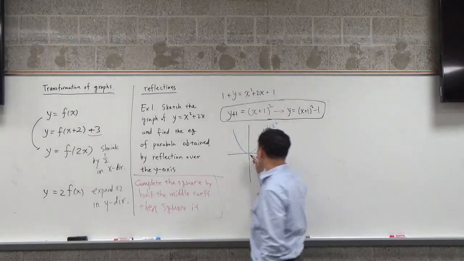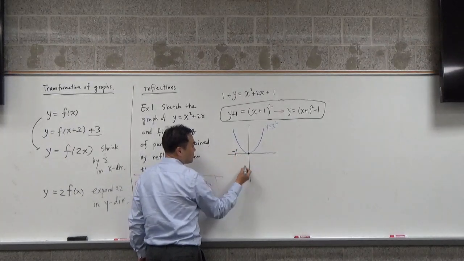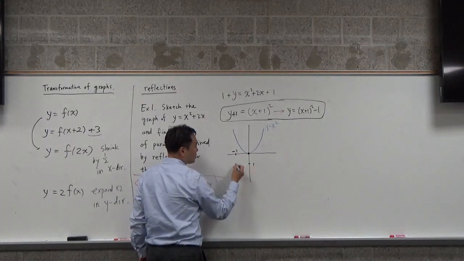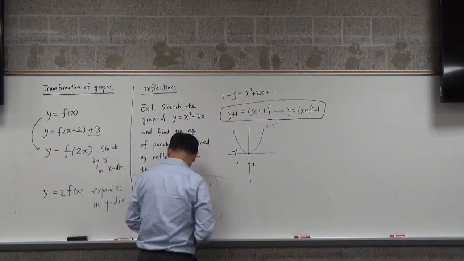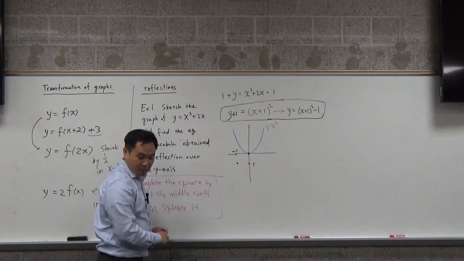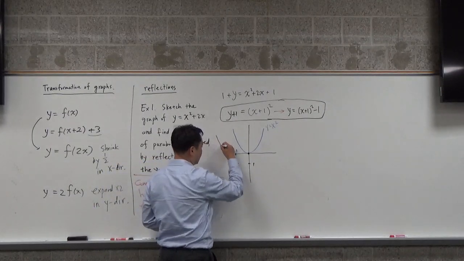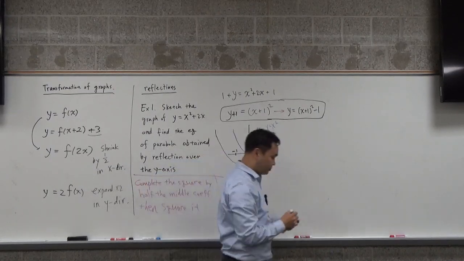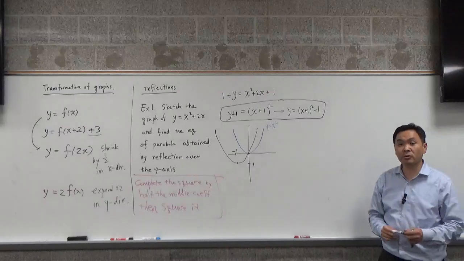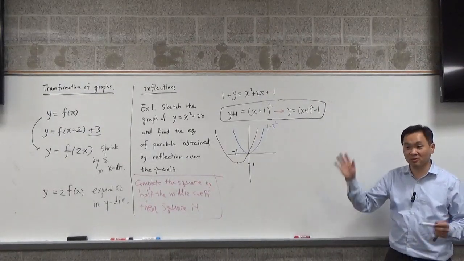So the vertex that you had is going to move 1 to the left and then 1 down, which means the new vertex is over here, so the graph of the new one is like that. Is that okay? Move 1 step left, 1 step down. That's the graph.